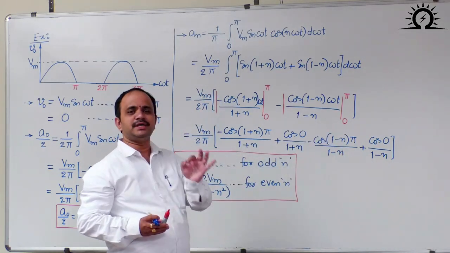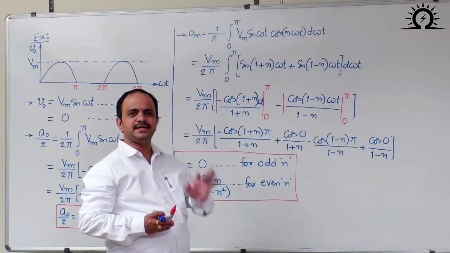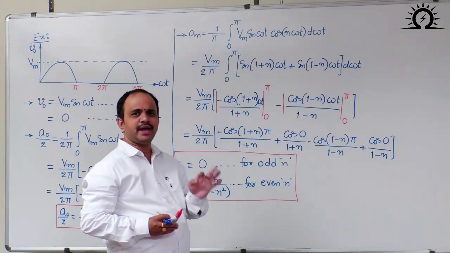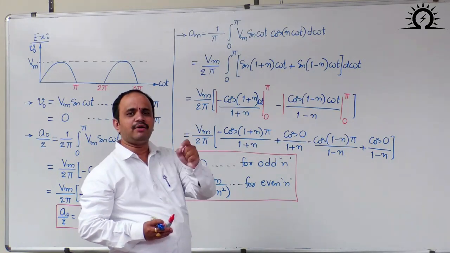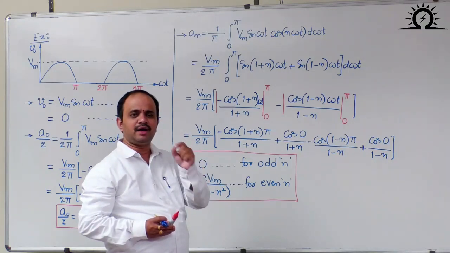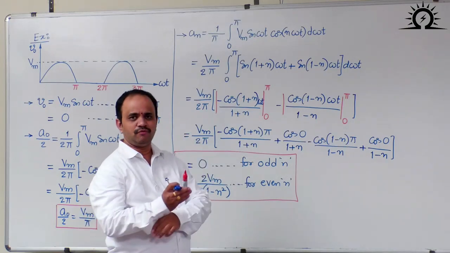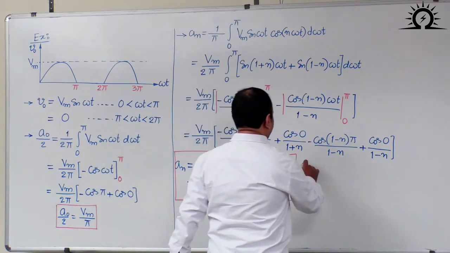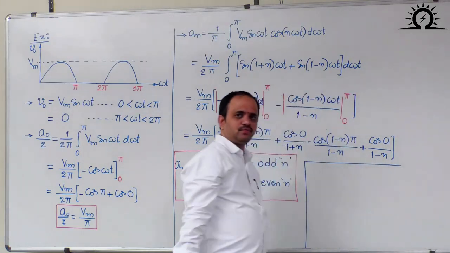That means something by 0, an indeterminate form. Whenever in the Fourier series analysis you get indeterminate forms, then you have to calculate that particular an or bn value by substituting that specific value. Here we have that difficulty for n is equal to 1.